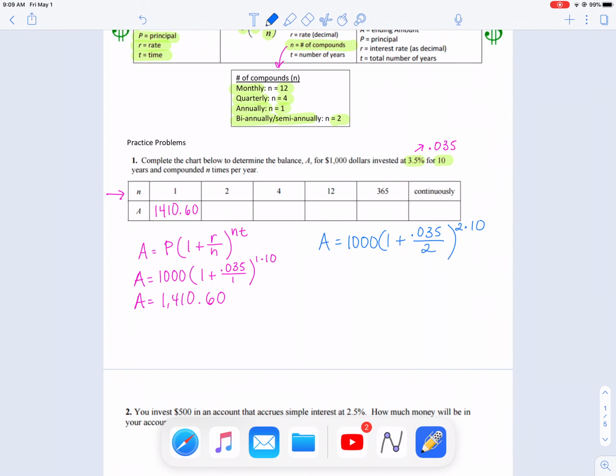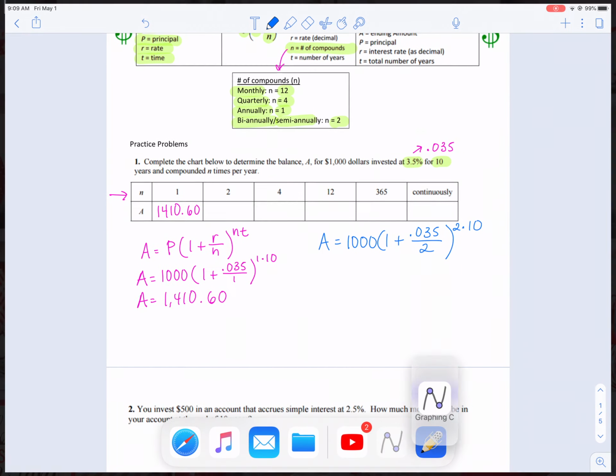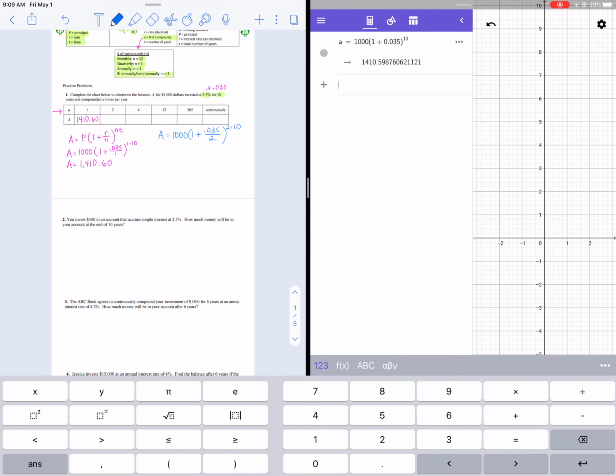So if I once again pull up my calculator, okay, so now I have 1,000 times 1 plus, I'm going to show my division, 0.035 divided by 2, and now I'm going to raise it to the 2 times 10, or I can even show 20. So there's my number.